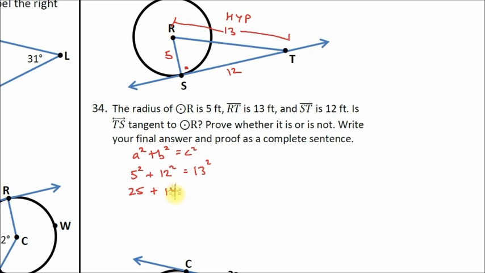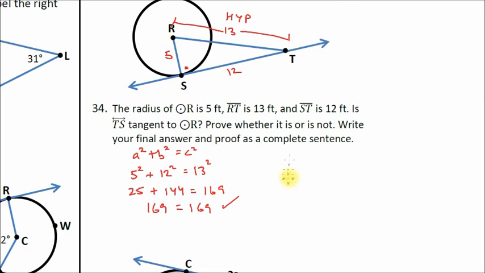That's 25 plus 144. It should be equal to 169 if this is a right triangle. 25 plus 144 is 169. And that equals C squared. So boom, Pythagorean theorem is true. That means we have proven that line TS is tangent.